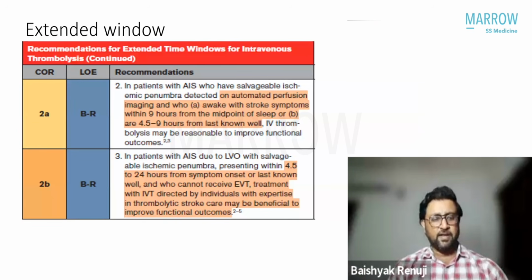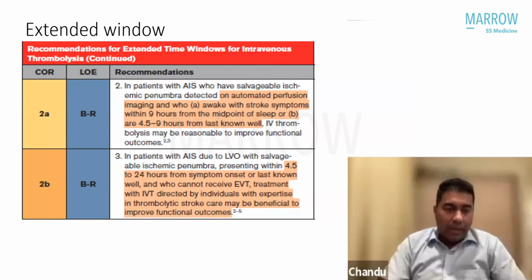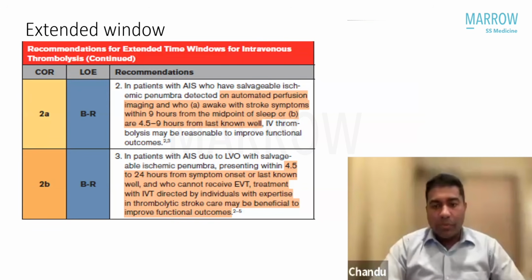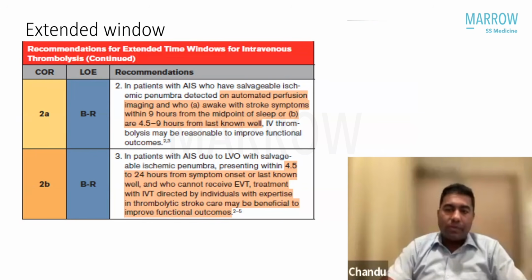So Chandu, what do you feel about going aggressive in such scenarios? So these are all aggressive treatments. See, in the extended window, more than 4.5 hours, presenting to you and not knowing the time of onset, the latest guidelines tell us that perfusion-based imaging has come into play for lysing the patient.